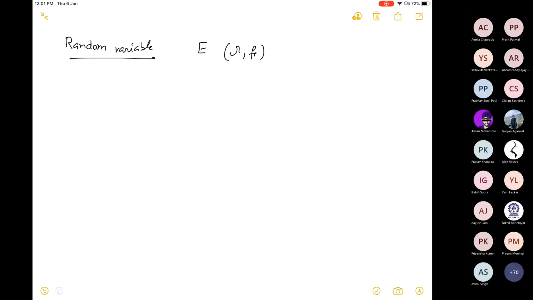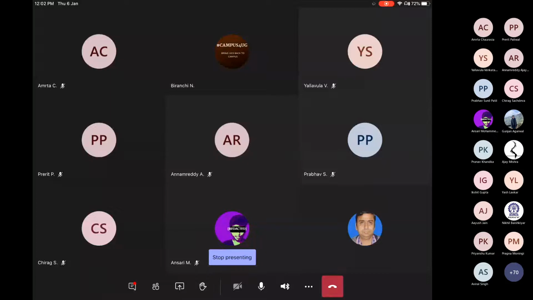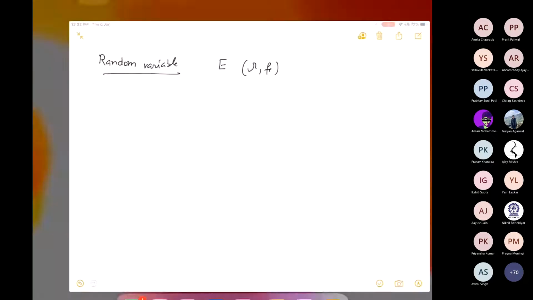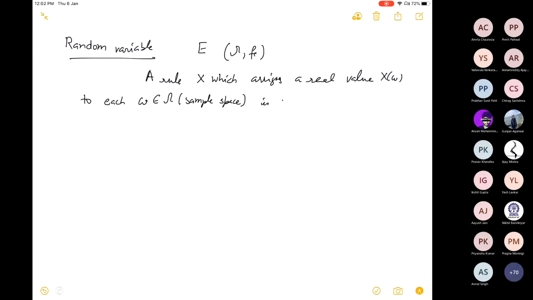A rule X which assigns a real value X(omega) to each element omega in the sample space is called a random variable.